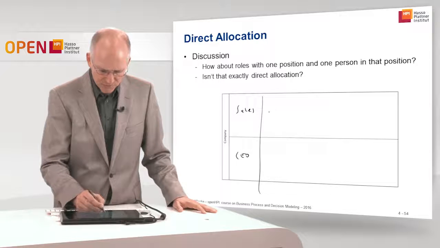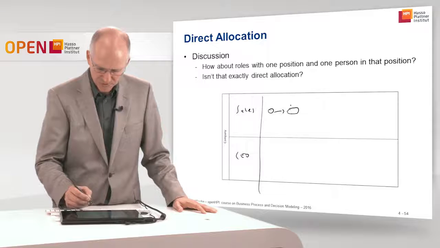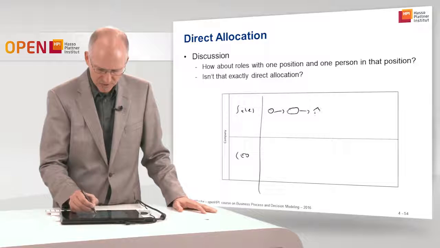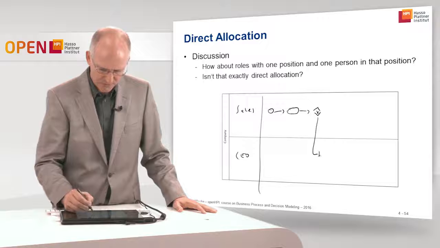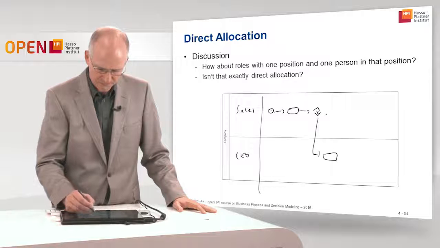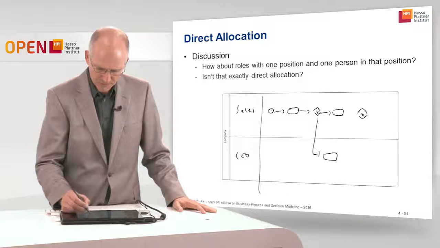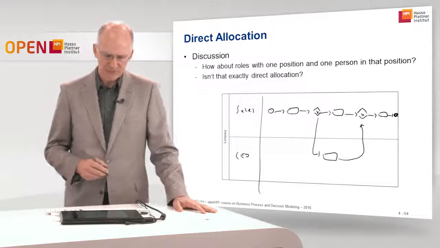The structure of the process might be quite similar to the one before. Here the contract is prepared. There's a decision. Either I can sign it myself, or I need to take it to the CEO, to the head of the company, and then afterwards the contract is sent and it terminates.